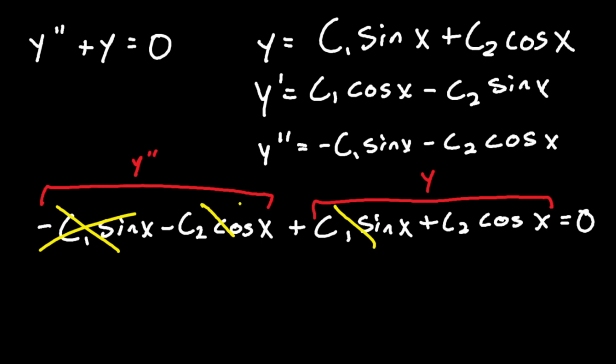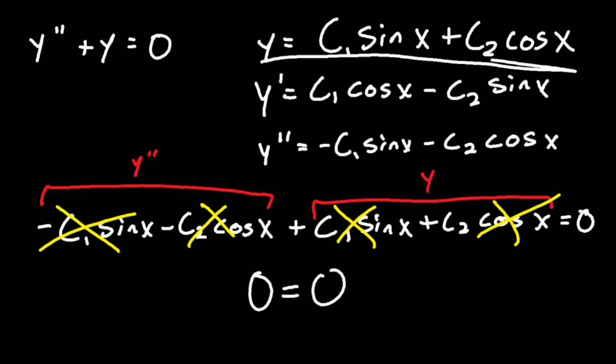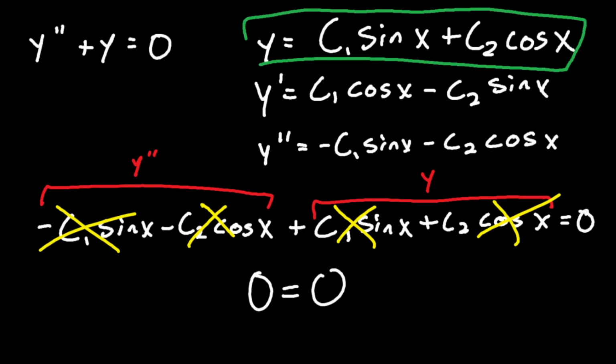So they cancel out. Oops, gotta redo that. I erased the x there. So they cancel out, and everything cancels out. You just get left off with something. What is that something? 0. And 0 is equal to 0, right? Therefore, this guy right here, our function y, is the solution to this differential equation.